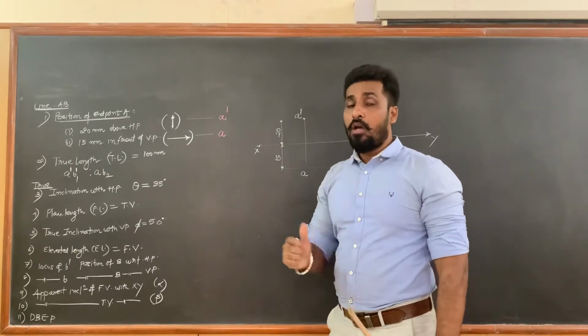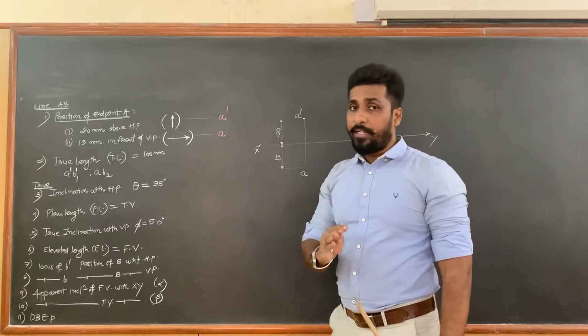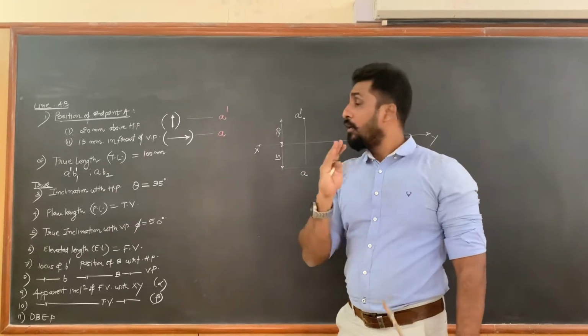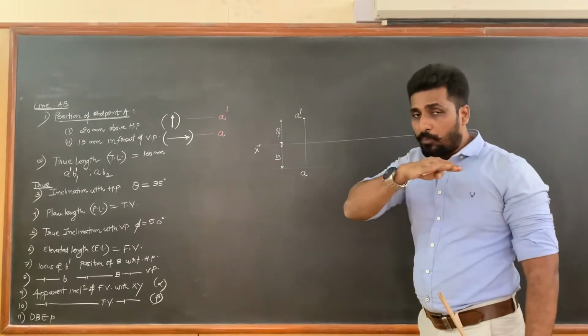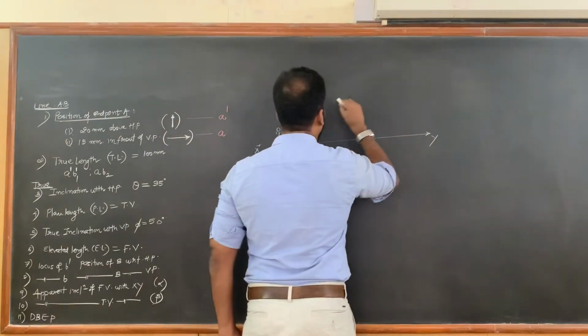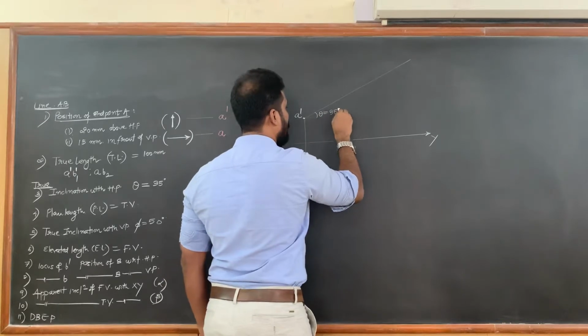So I'm going to draw my line which is inclined to the HP by 35 degrees, and you know when you watch something in the front view, it will be in the vertical plane, and in the front view, the horizontal plane is nothing but the XY line. So let's make an inclination of 35 degrees.